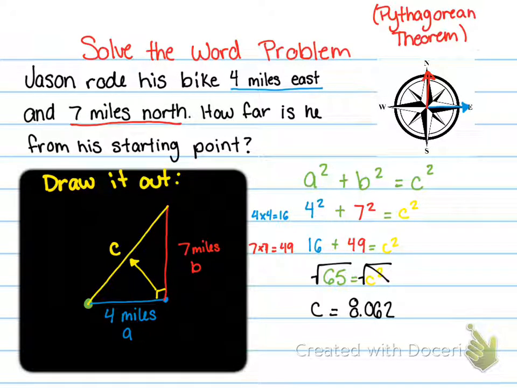For this, I really only want us to round to the nearest hundredth, and that means that you're rounding to the number that is second after the decimal. So I want you to leave it at that one. So you need to look behind it, and since that number is smaller than 5, you're going to leave it the same.